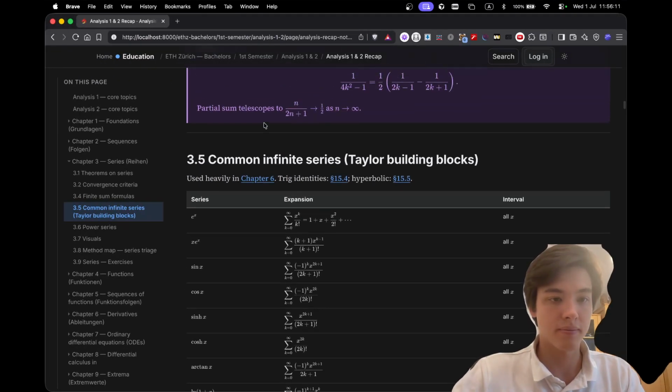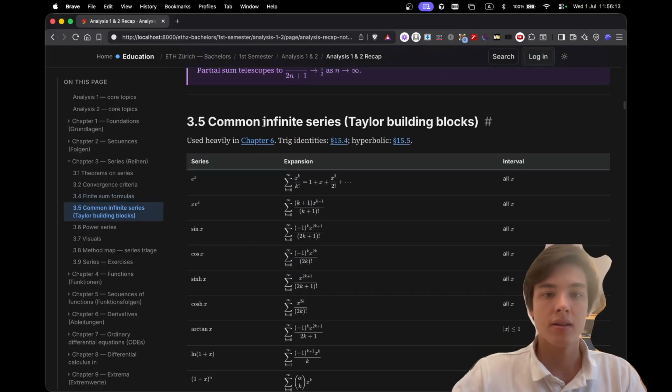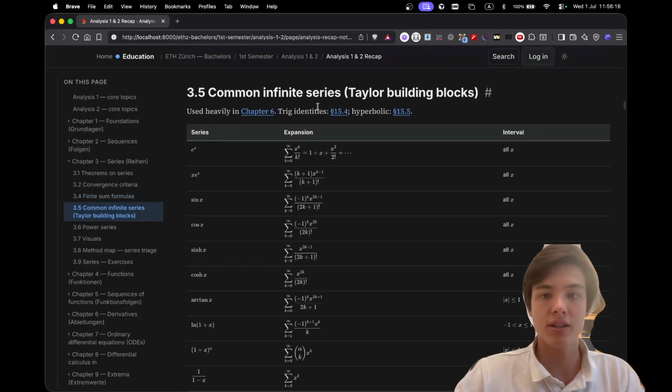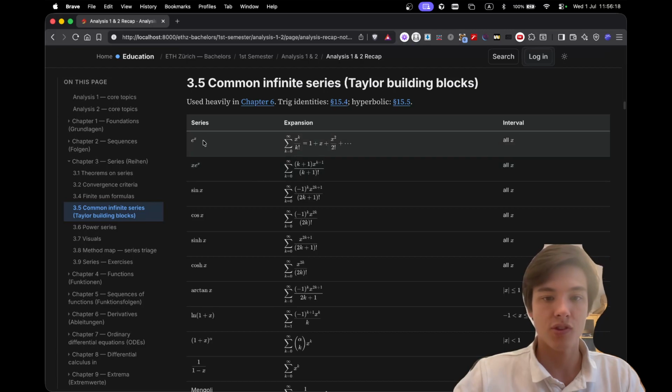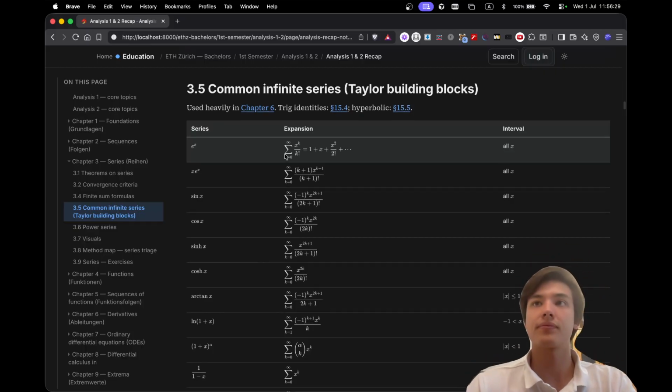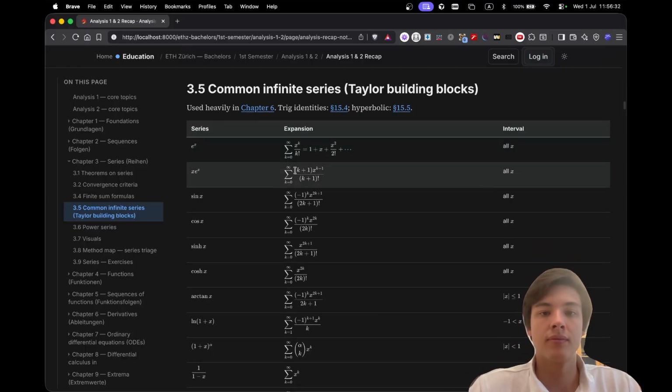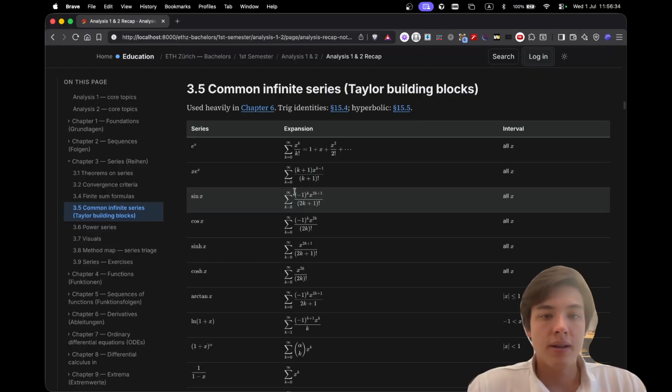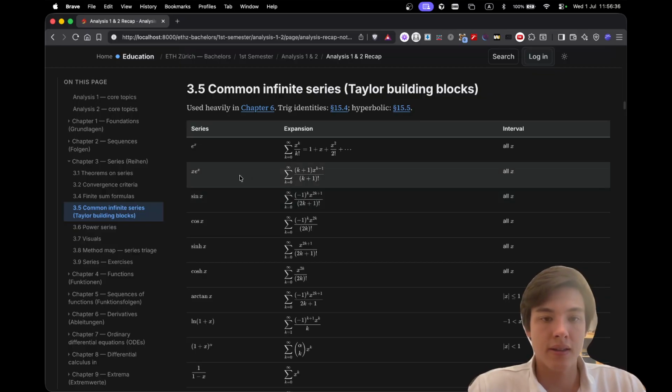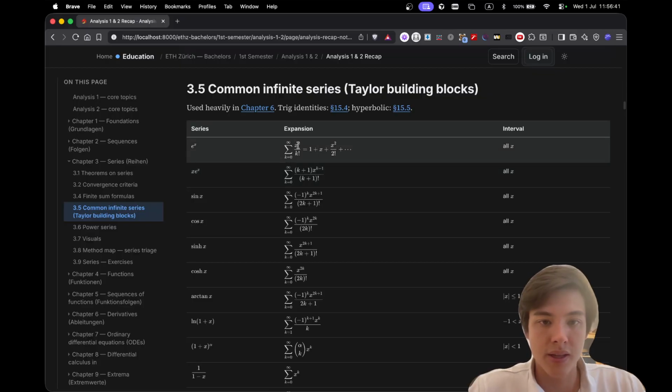Let's look at some, where did we end? Some common infinite series. So Taylor's. e to the power x, we can expand it to this. These two are the same. x times e to the power of x would be this plus 1, right?